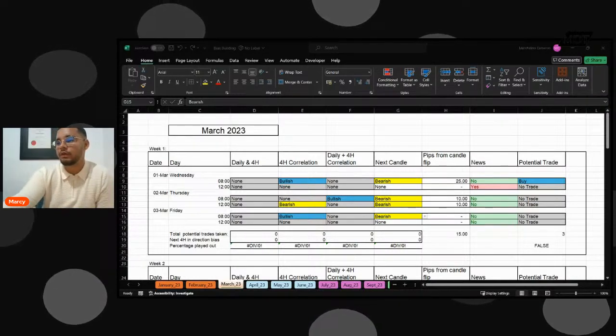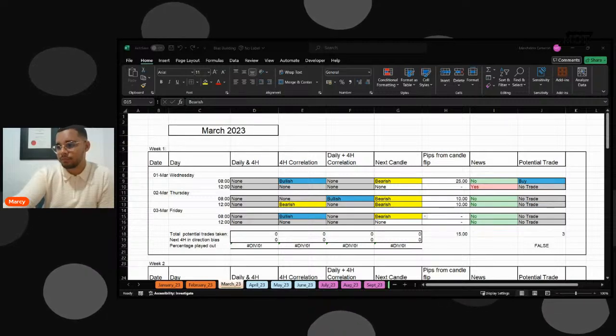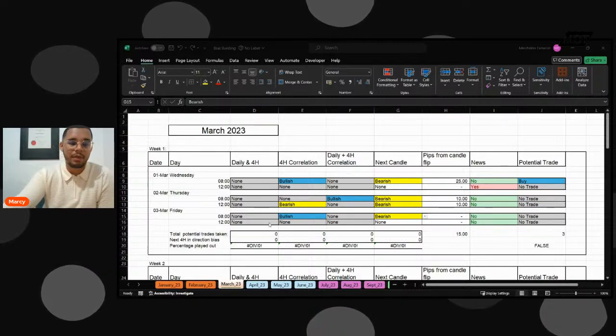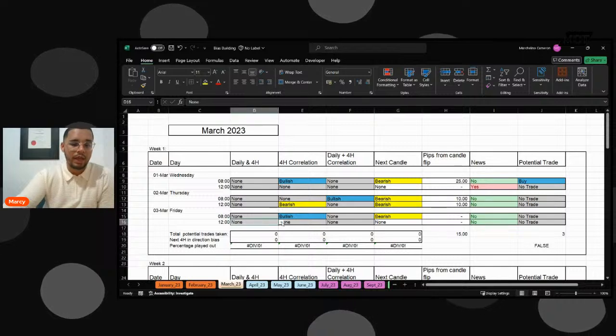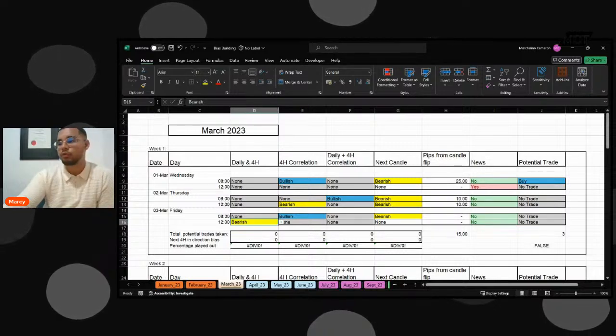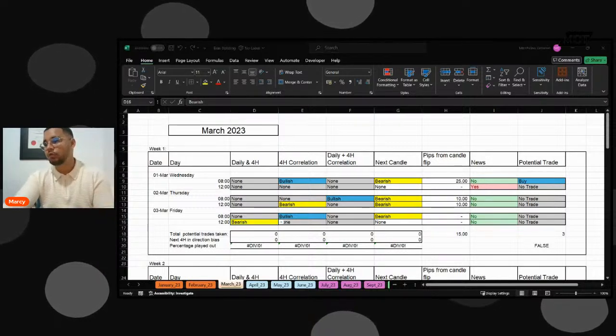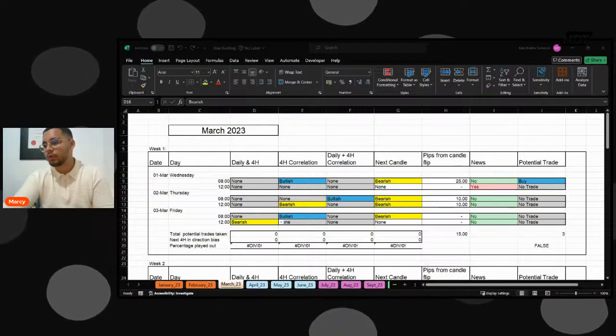What you can see here is that we have a 4H bearish close, which is perfect because that means we have the daily and the 4H aligning both being bearish. So let's go through the 4H correlation real quick. We need to mark this at 8 o'clock.